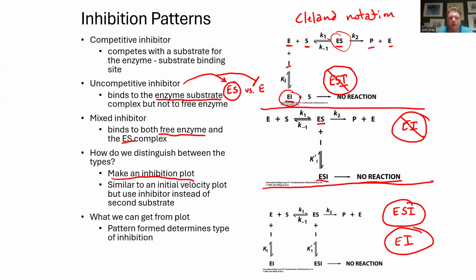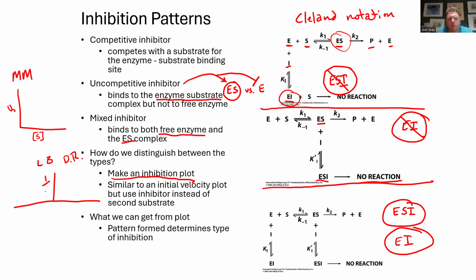When we talk about an inhibition plot, I want to bring back the graphs that we've talked about. We've talked about a graph that looks like this, initial velocity versus substrate concentration. That's our Michaelis-Menten plot. Then we have a Lineweaver-Burk plot, which is also known as a double reciprocal plot, which I'll label as a DR plot.